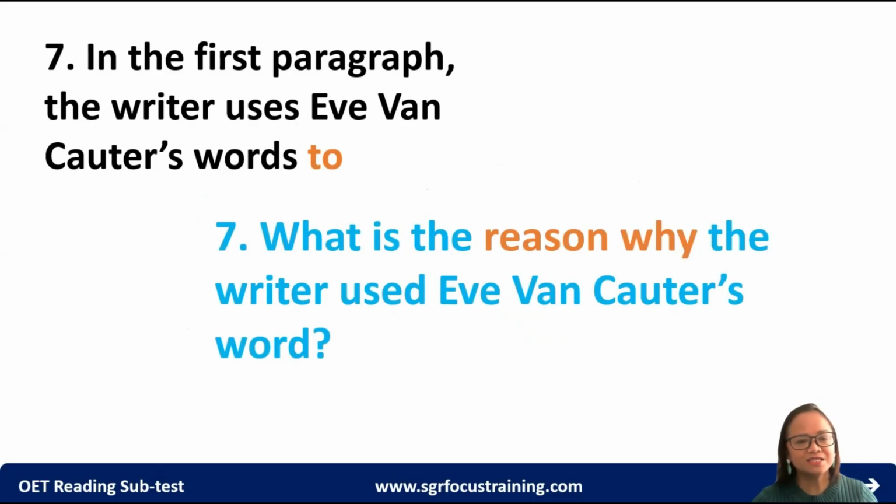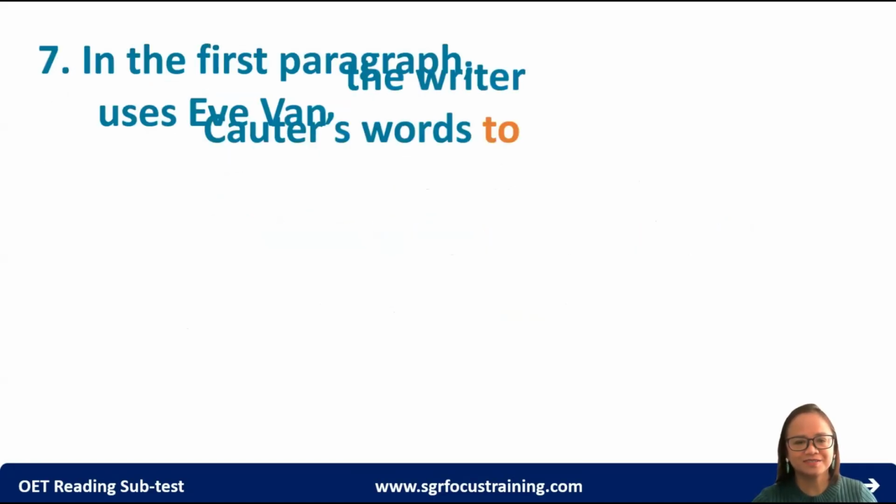So question 7 is asking you, what is the reason why the writer used Van Counter's words? This is what we call a purpose question. When you are being asked the reason why, you are being asked a purpose question.